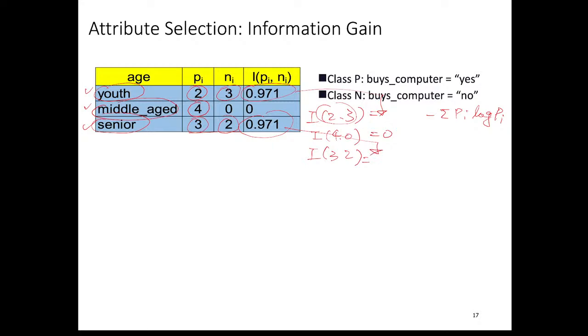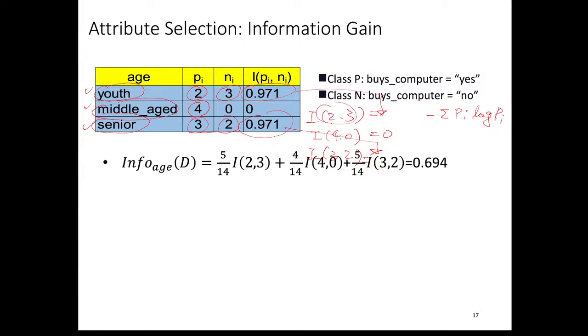Okay, so this is the amount of chaos after the split, but we have to use a weighted sum because 5 out of 14 are in the youth group, 4 out of 14 are in the middle-aged group, and finally, 5 out of 14 are in the senior group. So we use a weighted sum of these 3, and this is the result.